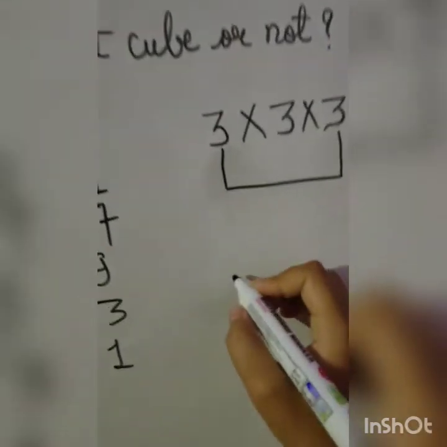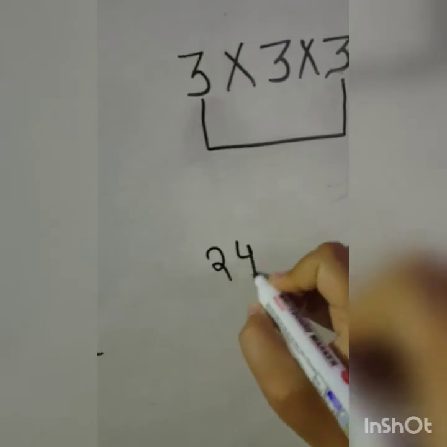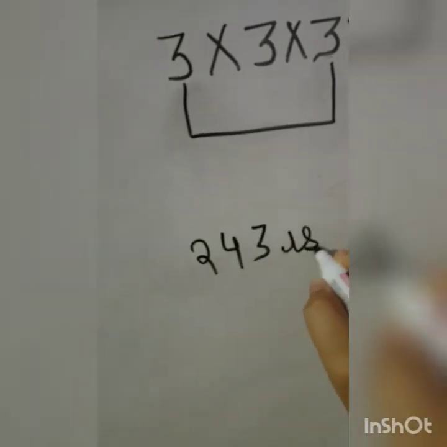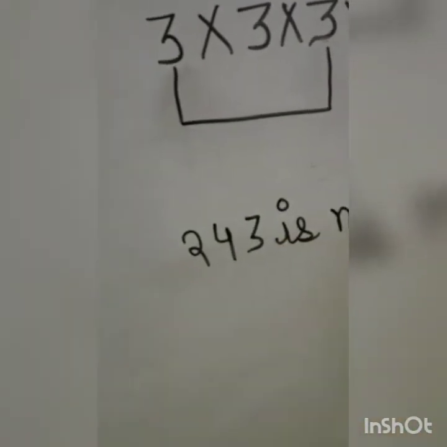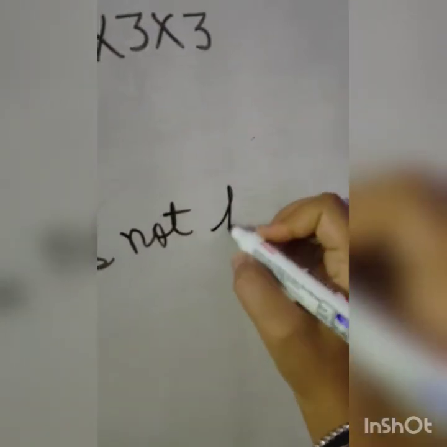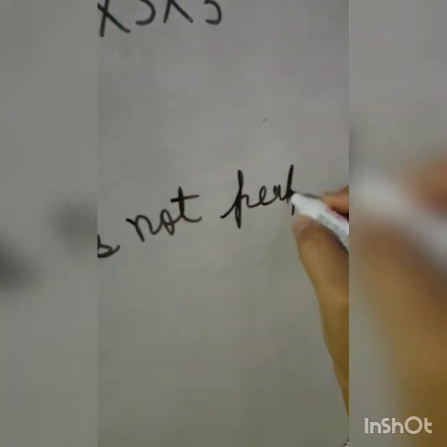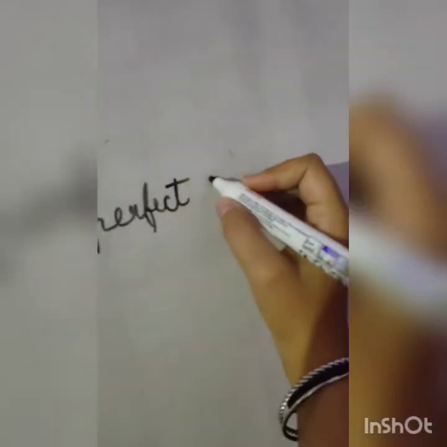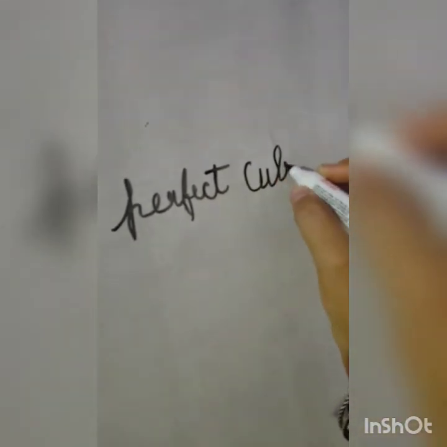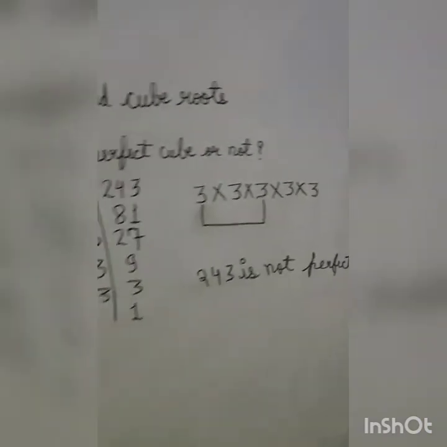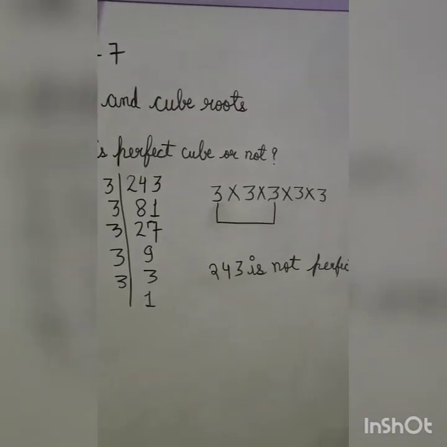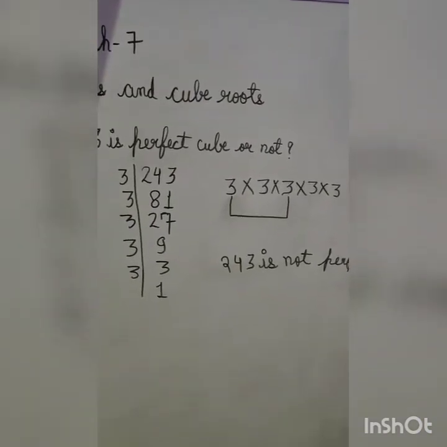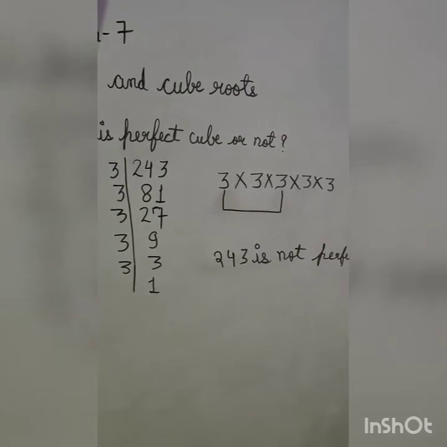That's why 243 is not a perfect cube. Okay class, this is a topic. Is 243 a perfect cube or not? 243 is not a perfect cube.